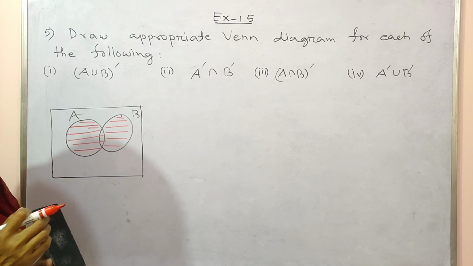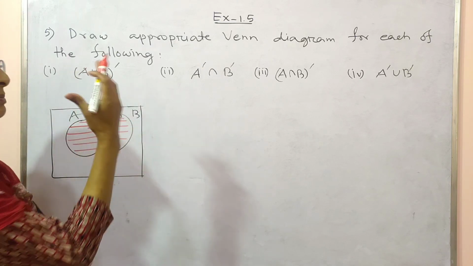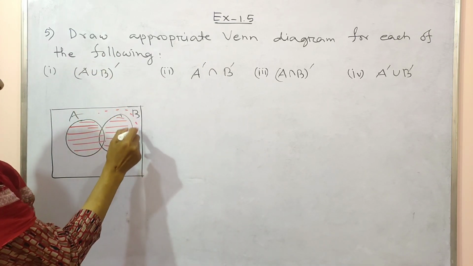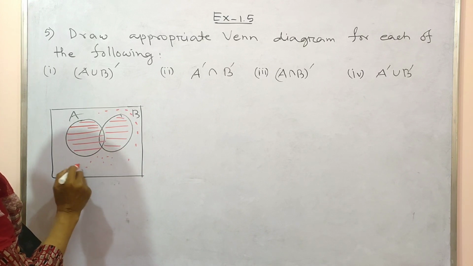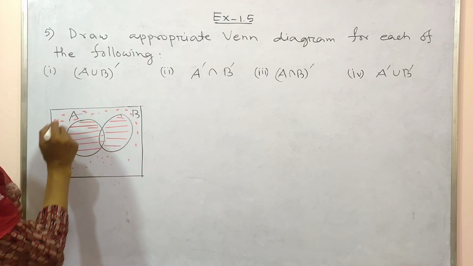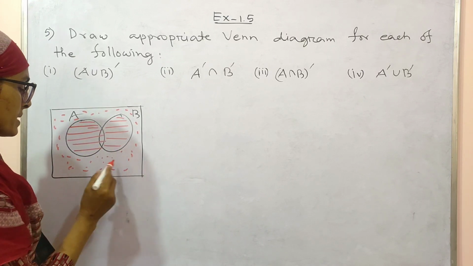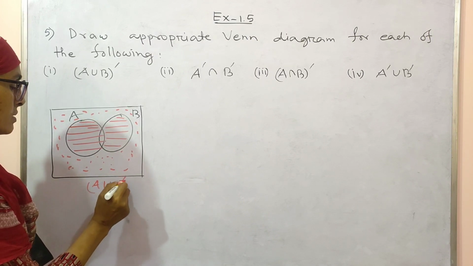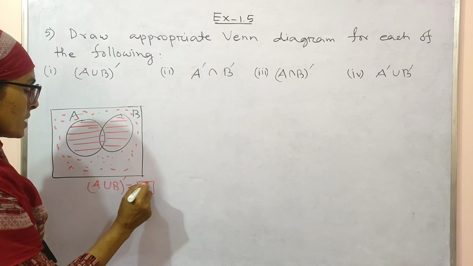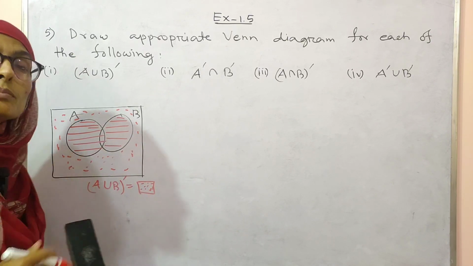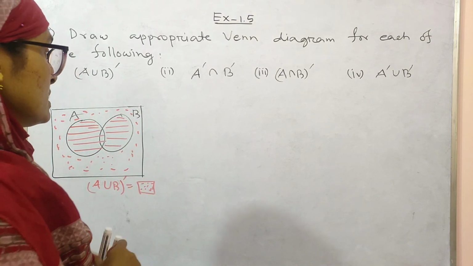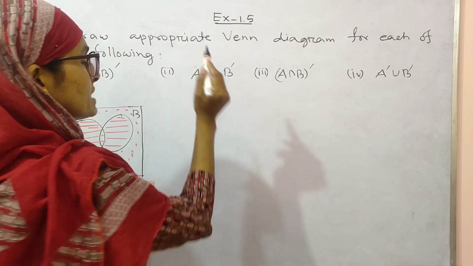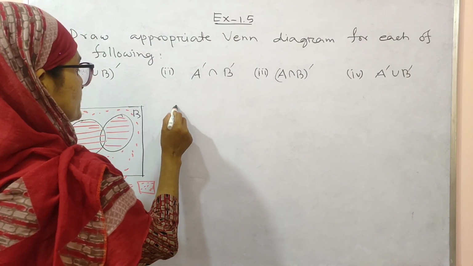This part is A union B. So, (A union B) complement is this dotted part. Which part? The dotted part is (A union B) complement.